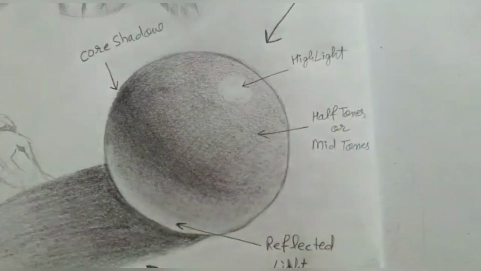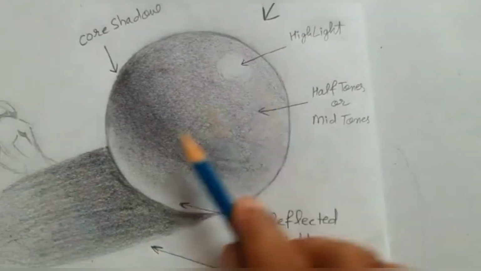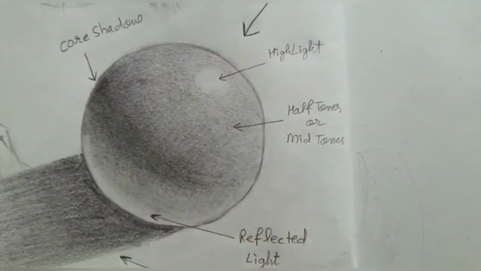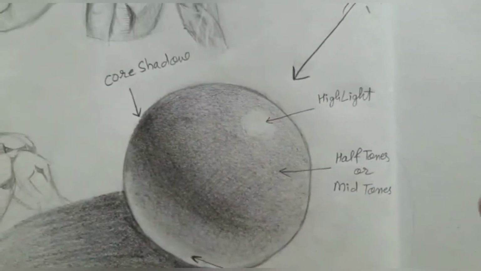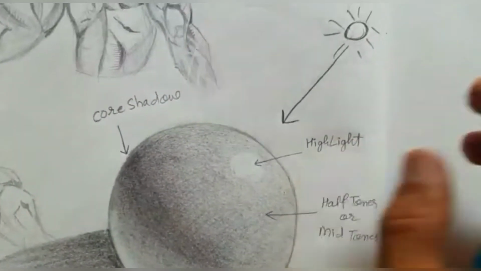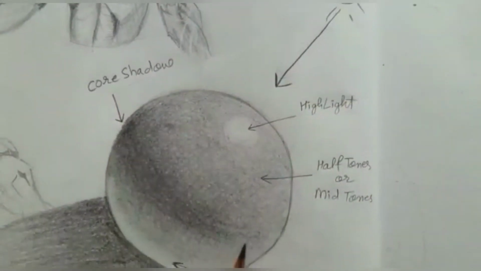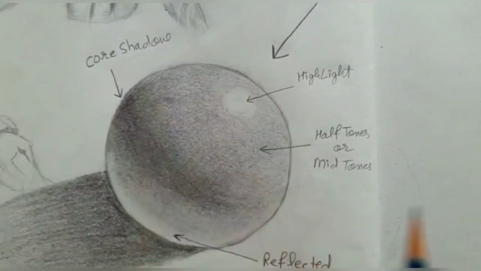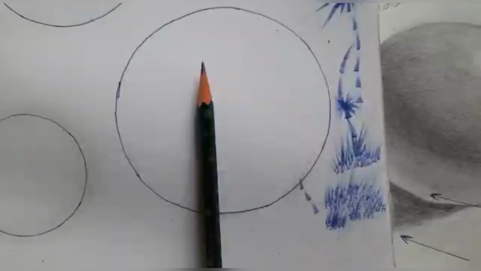Here we are seeing only reflected light. The shadow the object creates is called the cast shadow. So these are the names of all the tones we are going to create in this subject. You must write down these points in your notebook and memorize them, and then you will be a master in shadow. This was the theory part, and let's move on to the practical part.